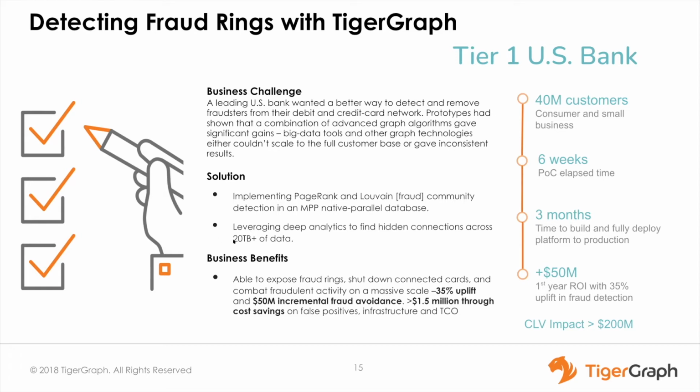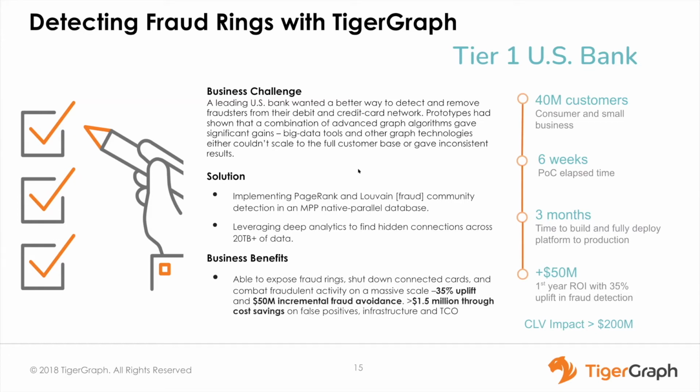Mainly, they leveraged their analytics with 20+ terabytes of live data. And with all of this data loaded in one place, with all of the additional insights that they were able to gather from using a graph database, they were able to return over $50 million of lost ROI within their first year. That's something pretty huge, to be able to identify $50 million of fraud that you could not see before.